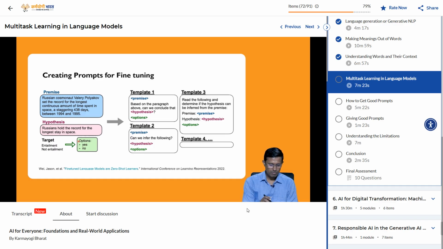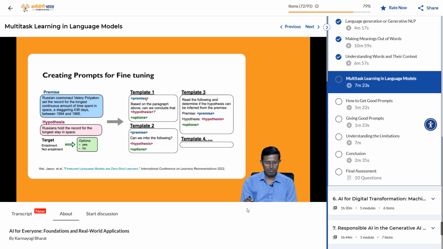Now this is one example of a natural language inferencing task. But as we saw in T5, this needs to be converted to a complete sequence of input plus instruction. This can be converted in many different ways. These are the templates that we can use for converting this NLI input to a free-flow textual input form.